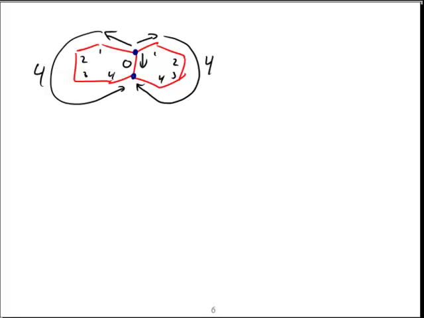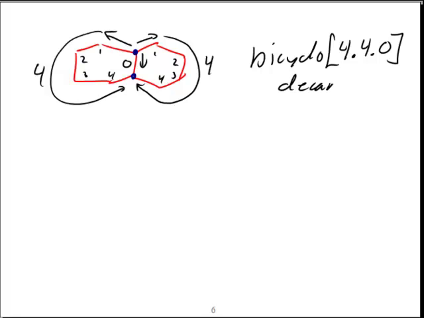So the way you name this is you start with the prefix bicyclo, and you have some brackets, and you put in them the numbers that you just calculated, the pathway between the two bridgehead carbons, and you go in descending order. So this would be 4, and separate them by periods, 4.4.0. And then you add up all the carbons in the compound. In this case, it's 10, so this would be decane.